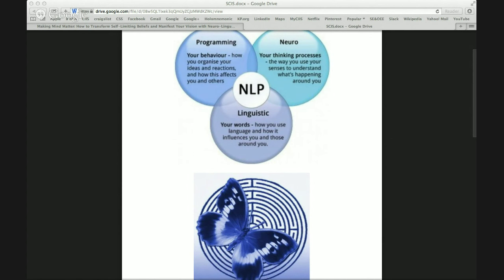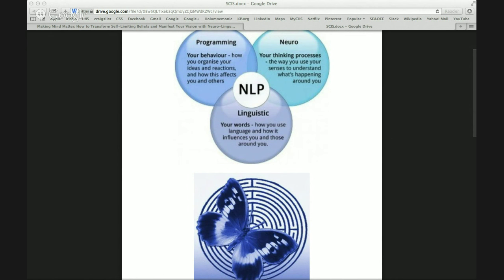So neuro is talking about your thinking processes, the way you use your senses to understand what's happening around you. So this is that making mind matter component. We're looking at the value of the mind, the neurological system. Linguistic is our words, how we use language and how it influences us and those around us. So linguistics is this magic art of using language in a way that supports our full flourishing.